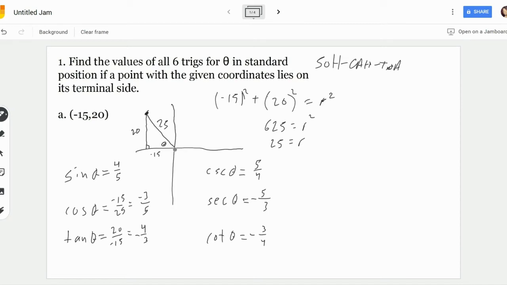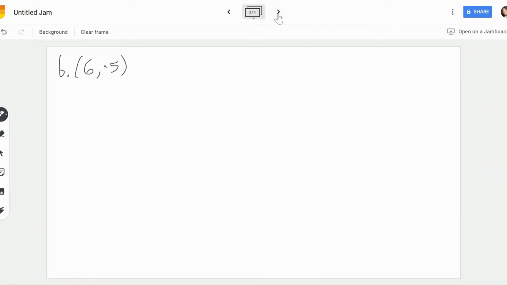And theta is always going to be between the x-axis and the terminal side, effectively creating a reference angle. And then the only other line you need to draw is what's usually called an altitude. It just goes straight down to the x-axis and makes a right angle with the x-axis. Okay, so we can try another one.